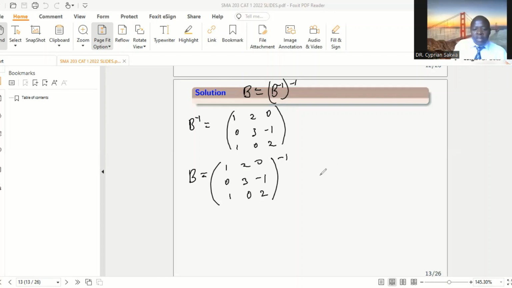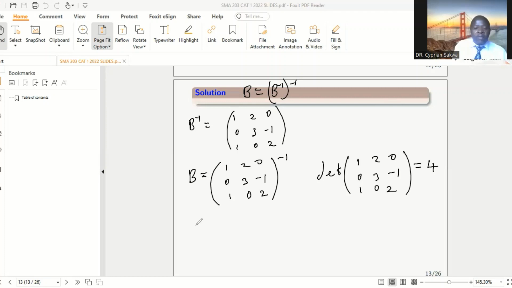First of all, I get the determinant of this matrix. And you know how to find the determinant of a matrix. I showed you various ways. When you do this, you get the determinant to be 4.